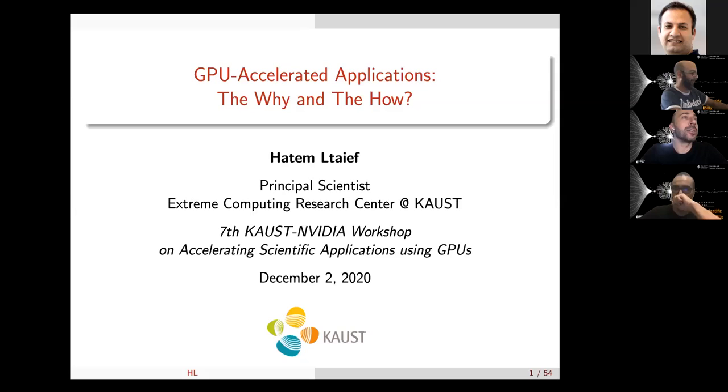Prior to joining KAUST, he held a research scientist position at the Innovative Computing Lab in Knoxville, Tennessee, in the US. His research interests include, but are not limited to, parallel computing, numerical algorithms, parallel programming models, performance optimizations for manycore architectures, and high-performance computing in general.